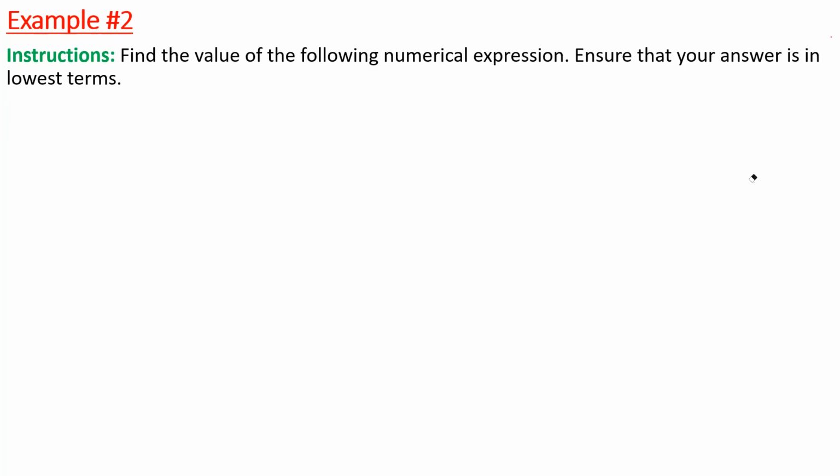I already have example number 2 on top of that. So we have 3 and 7 over 12, plus 4 and 2 over 3, minus 2 and 5 over 6.